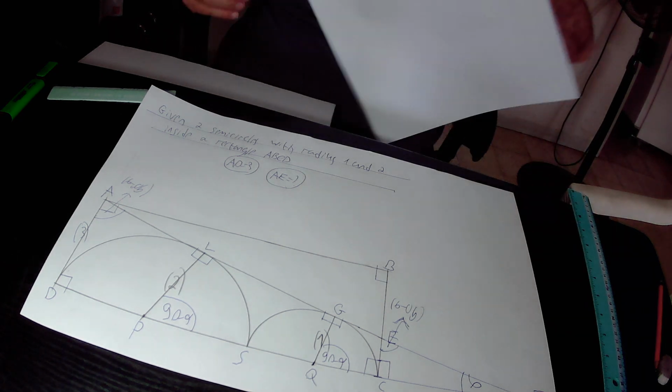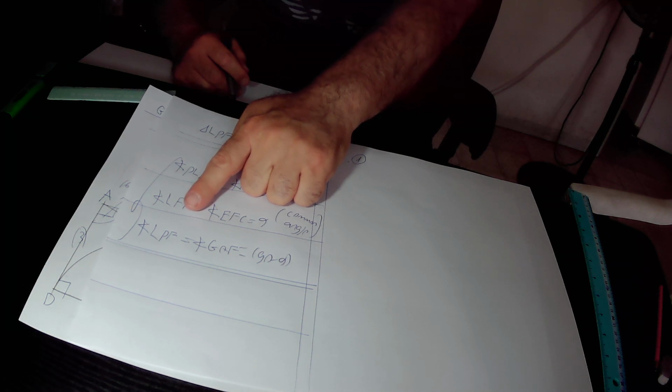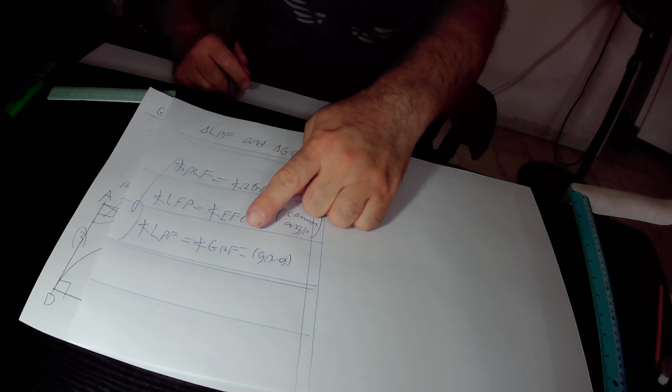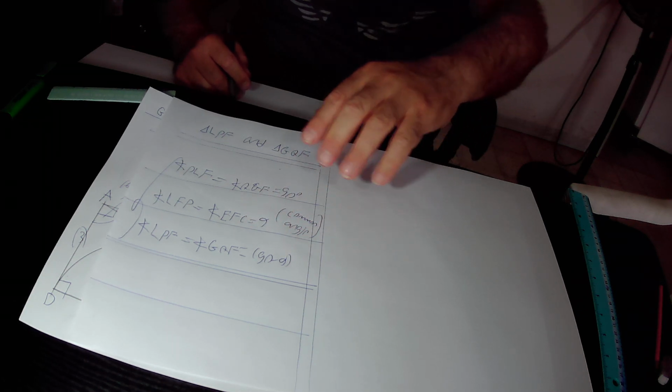Repeat again. Angle LPF in the big right triangle PLF equals angle GQF in the small right triangle FGQ. They are both equal to 90 degrees minus alpha, therefore they are equal to each other.